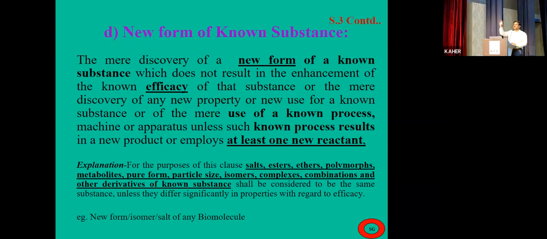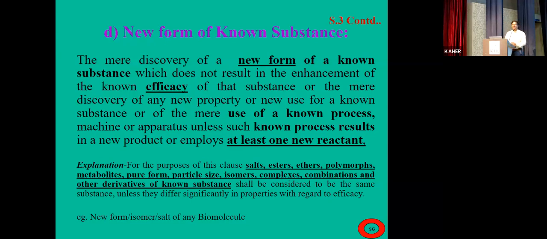So if anyone is claiming a product which is a salt or polymorph of any existing compound, it should be more therapeutically efficacious than the compound, then it is patentable. And if you take the new use of a known substance, for example, we know paracetamol as an antipyretic agent.